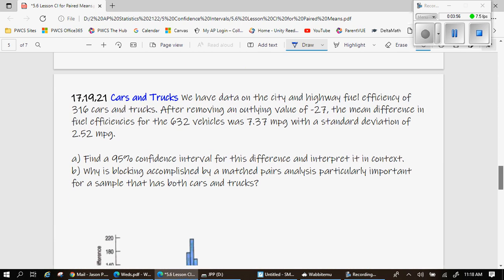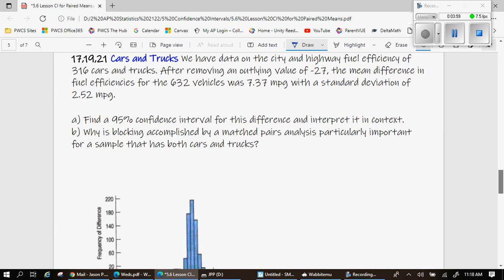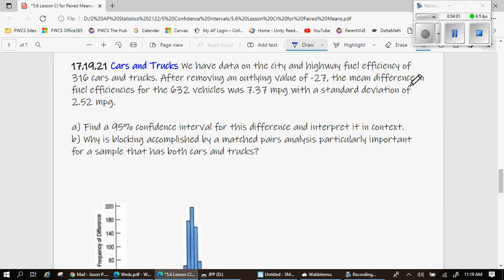So let's look at an example here. Take a second and just read through this problem. So we are assessing fuel efficiency of 316 cars and trucks. We're looking at their MPG, their miles per gallon, in a city driving setting and in a highway driving setting.